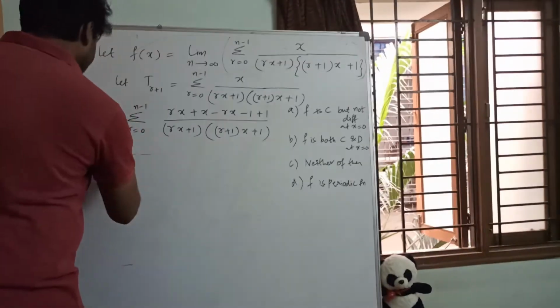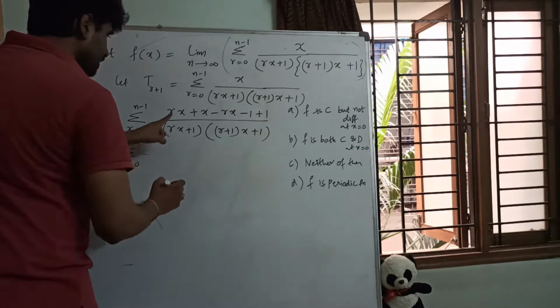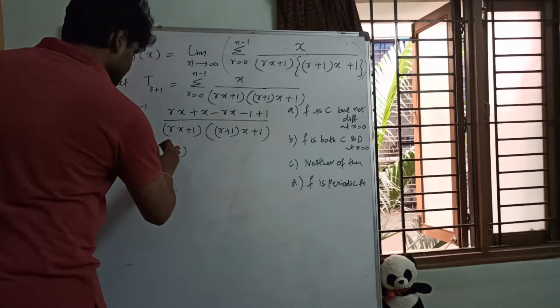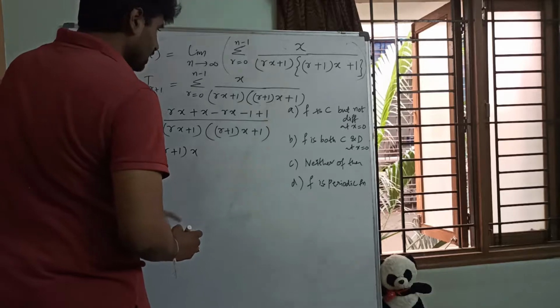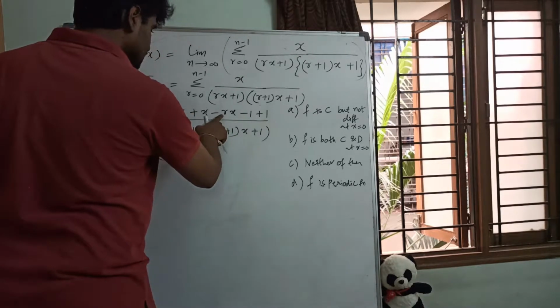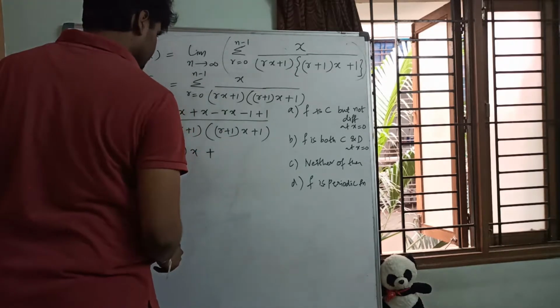So now what is the benefit if you do like that? Summation r equal to 0 to n minus 1. Here from these, x common, so r plus 1 into x. So same as this, r plus 1 into x. Now plus, from this minus common, if you take rx plus 1, correct?